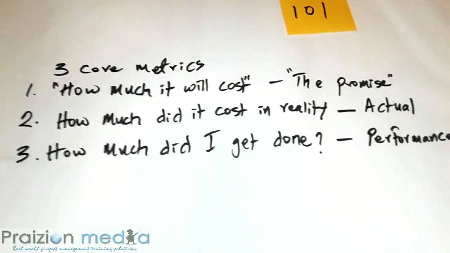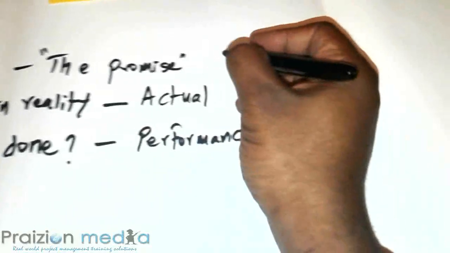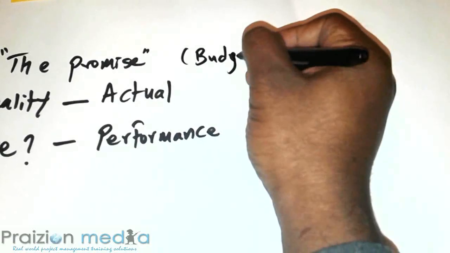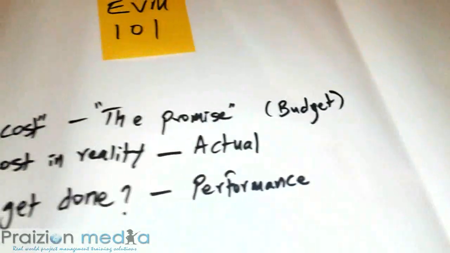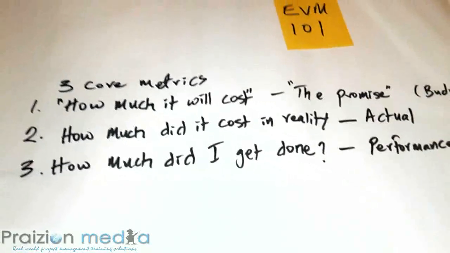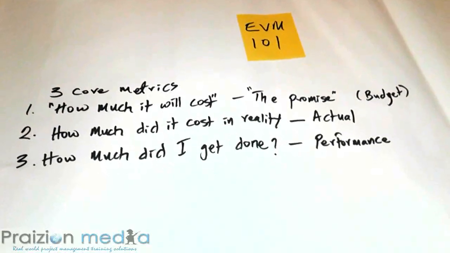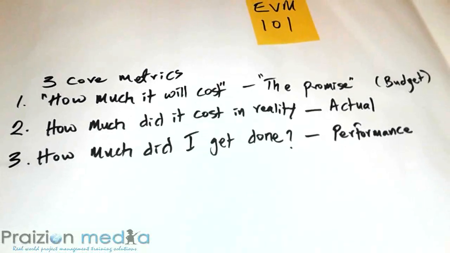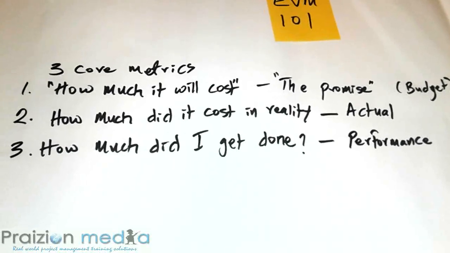Think about the promise as a budget. So you're telling management, oh, I think this is how much it will cost. This is before you've done any work. We call that a budget. The next one, how much did it cost in reality? Actual.